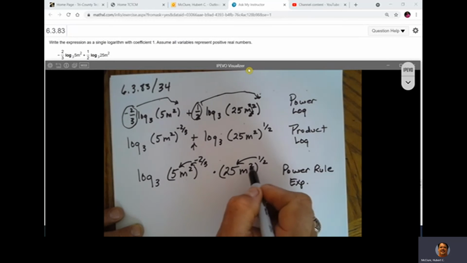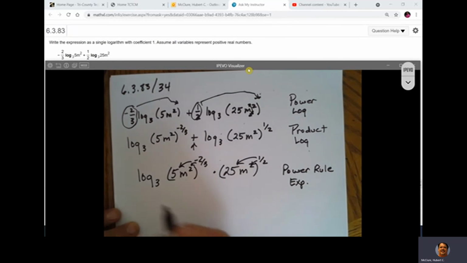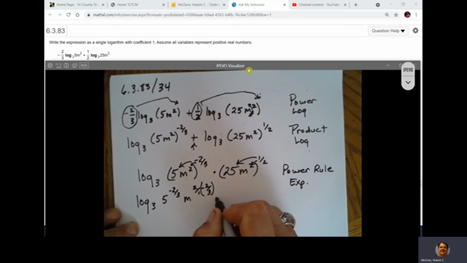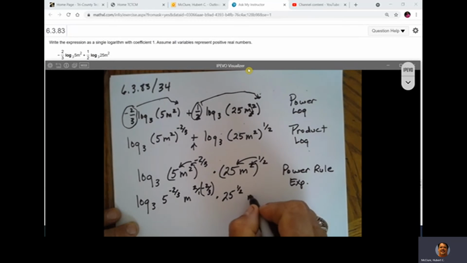Distribute there. And there, I'm going to put a baby step in here for you. 5 to the negative 2/3, m to the 2/1 times negative 2/3, times 25 to the 1/2 times m to the 2/1 times 1/2.